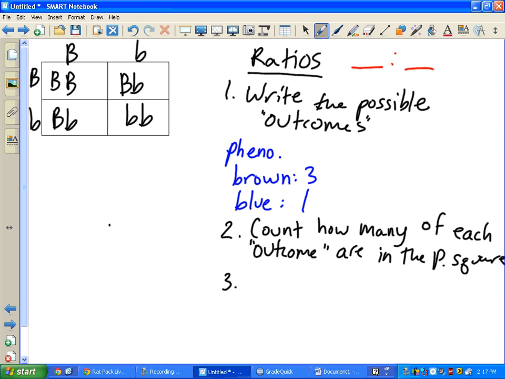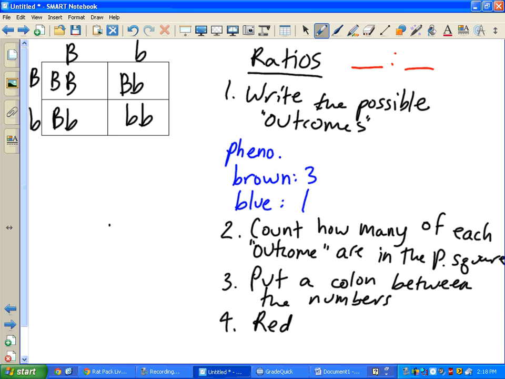The last step is you put a colon between the two numbers. And then if you can, you reduce at the end to make it look nice and pretty. So all we do is just put a colon right there. And so if you write that the right way, it would look like this. 3 to 1.